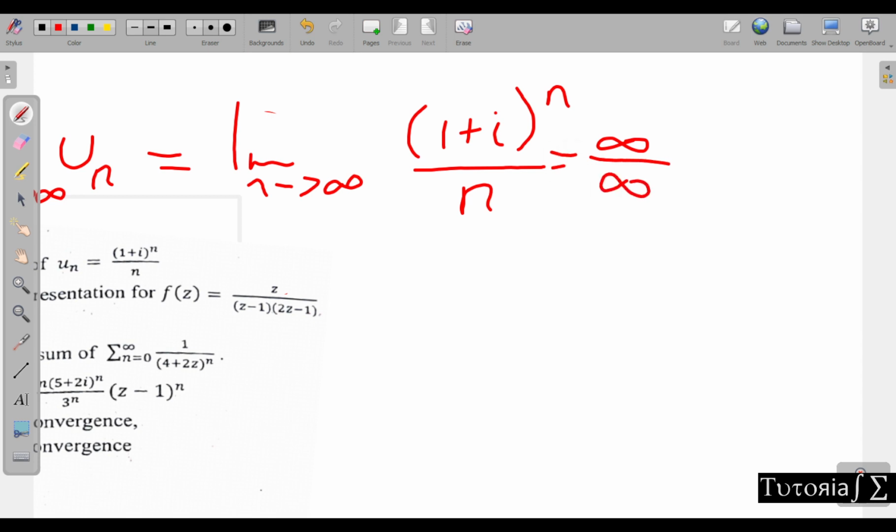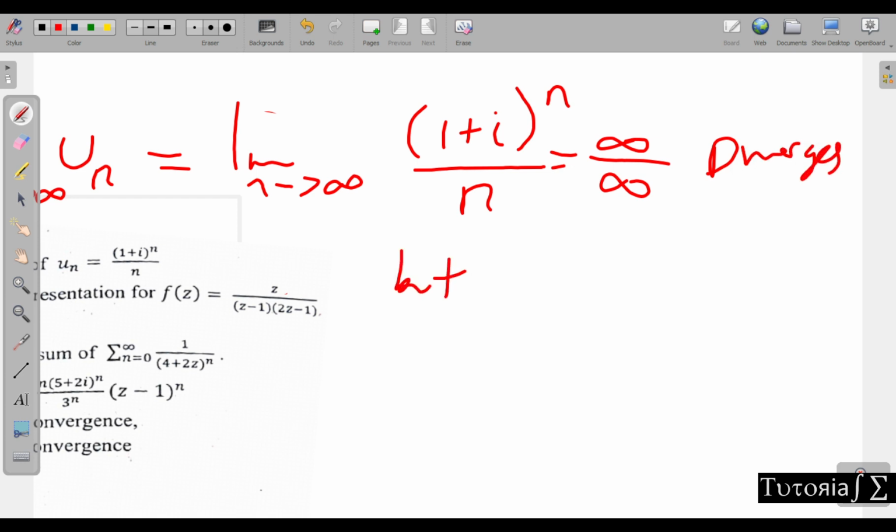So infinity over infinity diverges. Don't forget, it diverges. The sequence diverges when you plug in the limit directly.